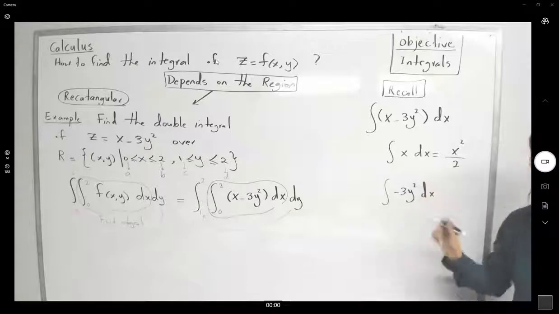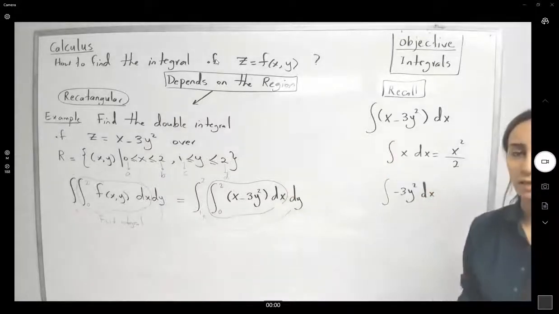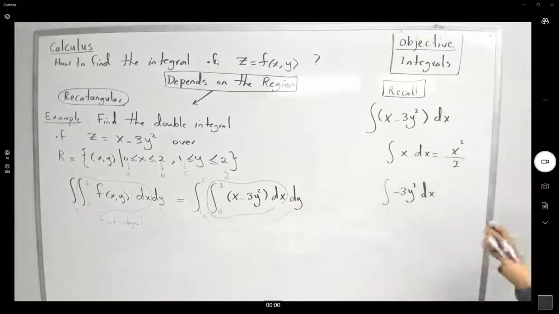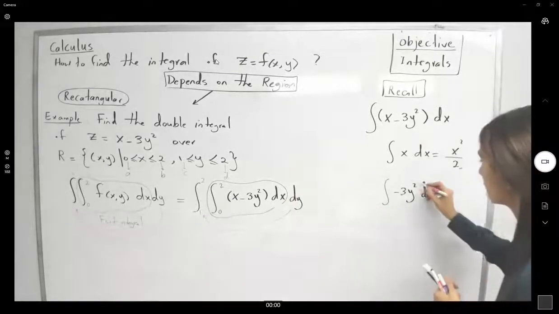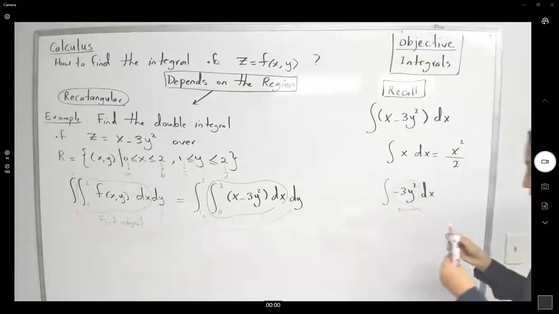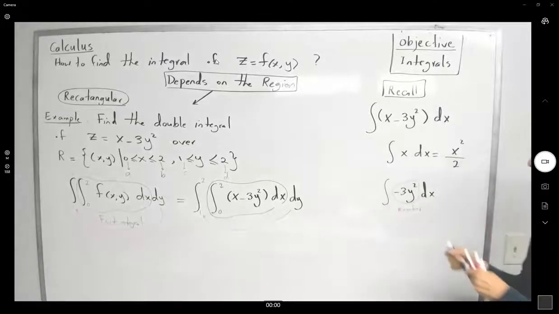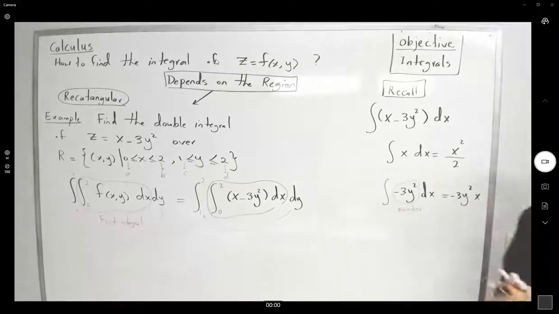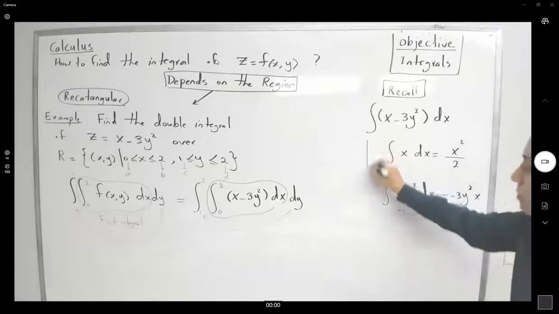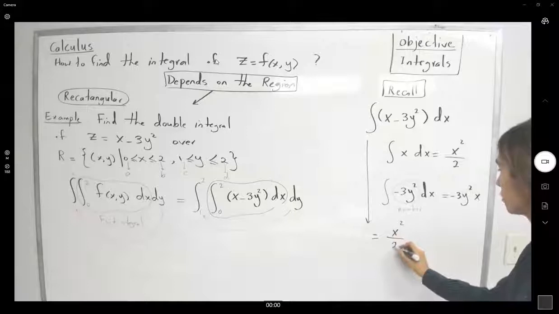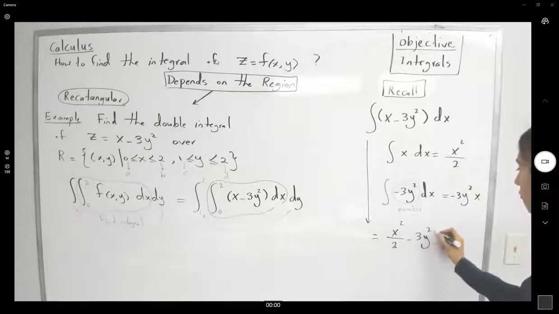It means that whatever term has a y in it is considered a constant, a number. It doesn't have any x in it. So copy down the number, negative 3y squared, multiplied by x. So this integral is equal to x squared divided by 2 minus 3y squared x.